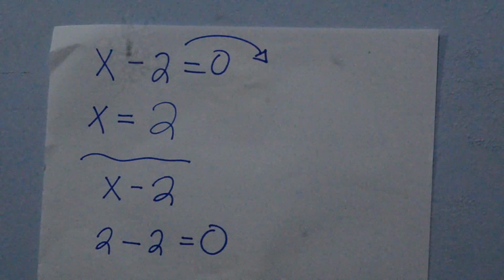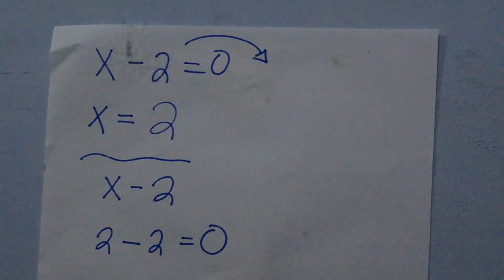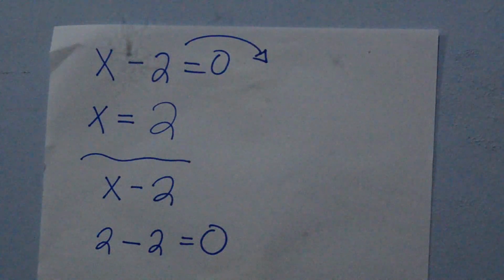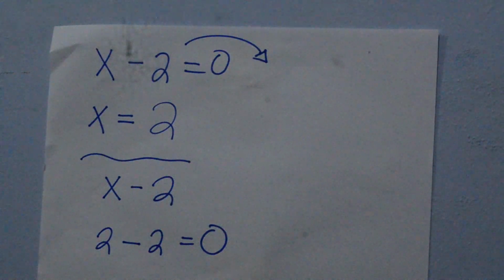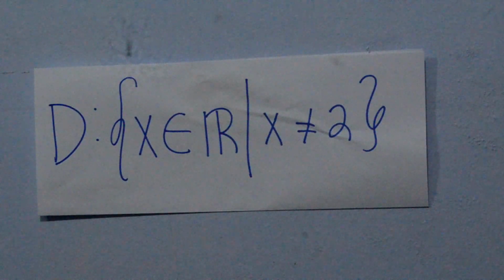Now we substitute 2 into x minus 2: 2 minus 2, and the answer is 0. Therefore, our domain is x an element of the real numbers wherein x is not equal to 2.